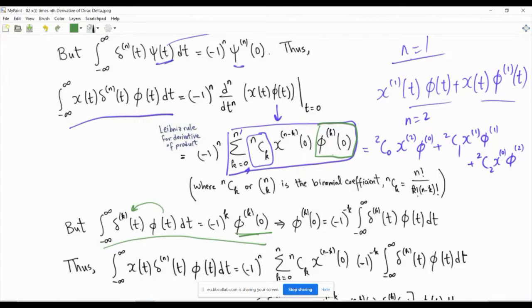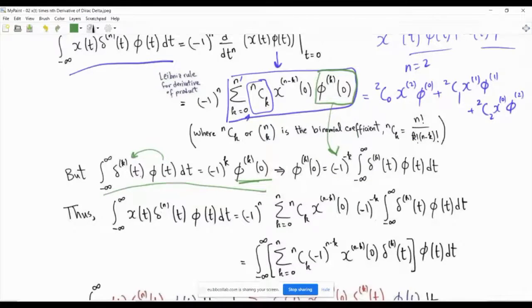So phi k of 0, I can actually write as minus 1 to the power minus k multiplied by this integral here. So what we will do is replace this kth derivative of phi of t evaluated at t equals 0 by an integral involving just phi of t multiplied by the kth derivative of the Dirac delta.